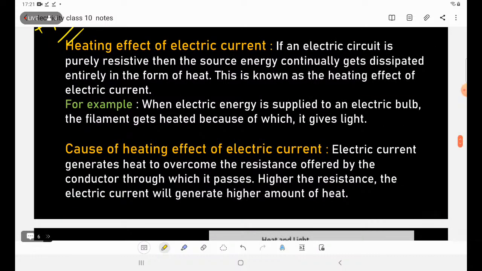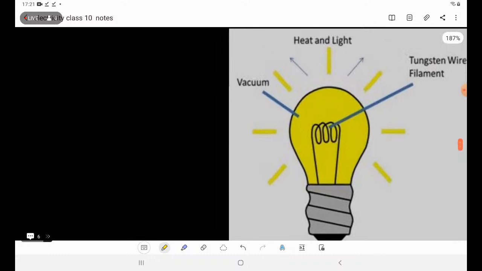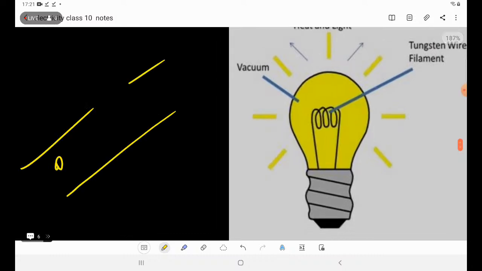Or when we take a circuit that is full of only resistors, when we touch that device, it's very hot, because of the opposition to the current. When opposition to current is given, the moving charges clash with each other.